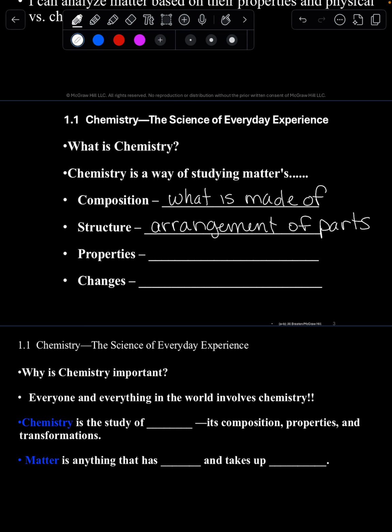We can also study chemistry based on the properties or the behavior of the matter. And then lastly, we can look at matter in terms of how it changes, how it transforms. And this is usually influenced by energy. These changes that we see in matter, influenced by energy.